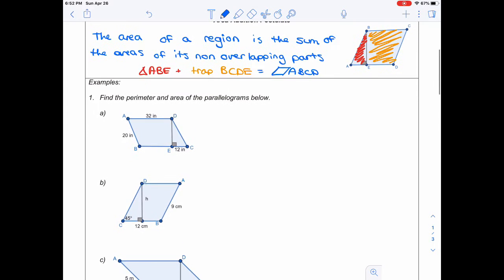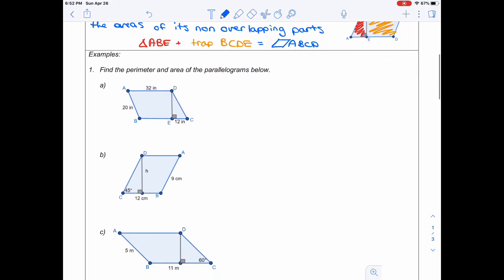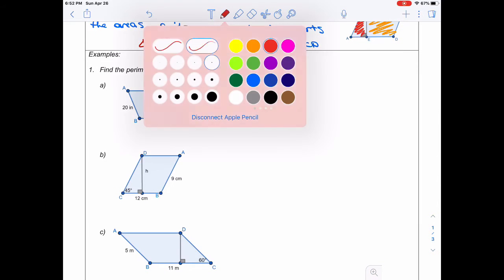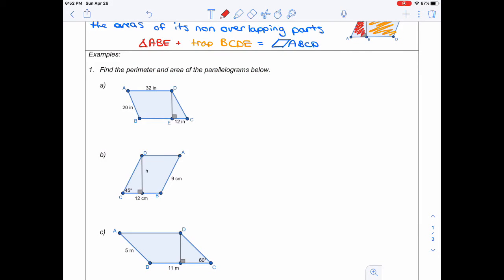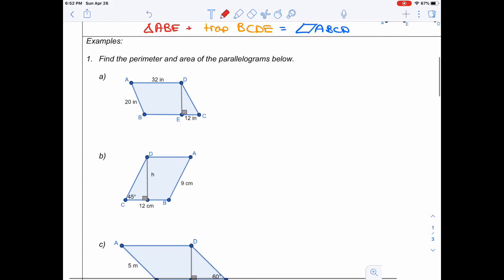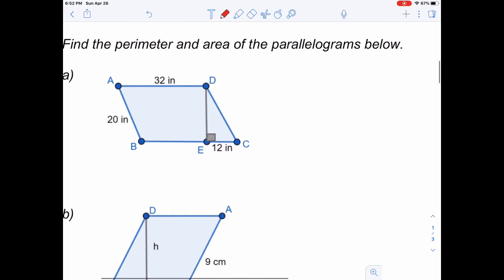So going down here to our examples, we're going to do the first two together. So to start, we have find the perimeter and area of the parallelograms below. Looking here at our first parallelogram, since we see that AD is 32, that means we definitely know that BC is going to be 32. And since we see that AB is 20, that means DC is also going to be 20.